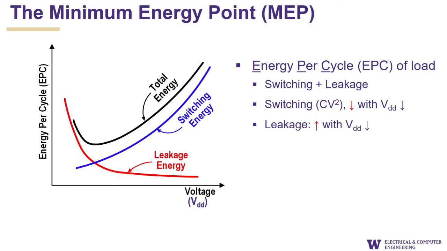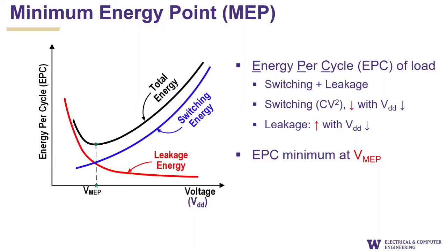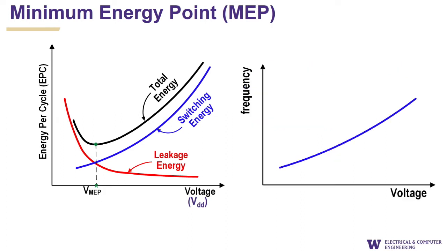Naturally, when you add both of these, you've got a minimum energy point. There's an optimal energy point, which we call VMEP, voltage minimum energy point. That's the voltage we always want to run at. So that's easy. Dial it in, run the system at that voltage, and you're done. Not entirely, right?